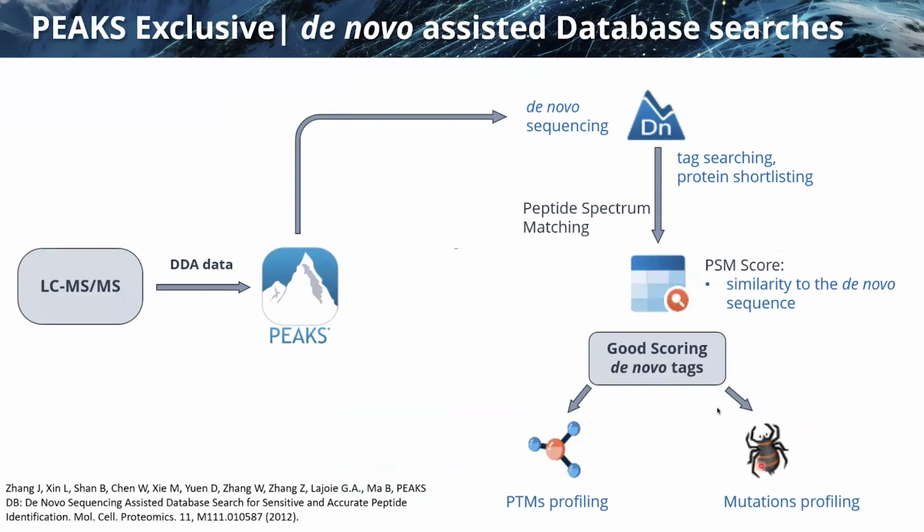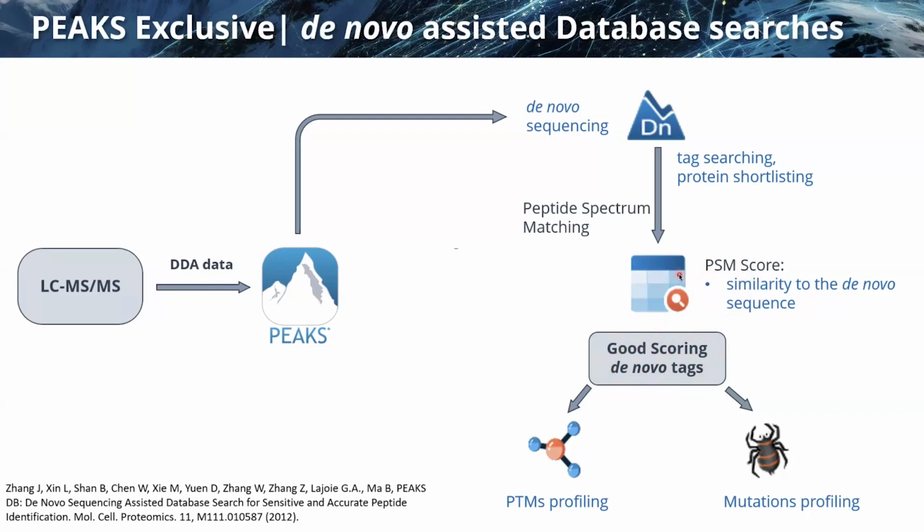So the way we do it is take the good scoring de novo tags, right? So let's say that one part of the sequence has been sequenced at a high confidence, but the other, maybe N-terminus, is not really matched to anything given the initial database search parameters.